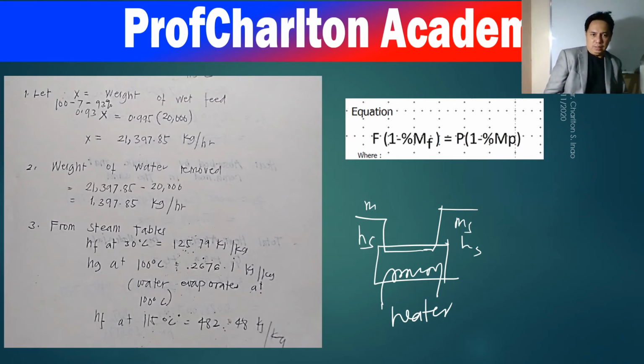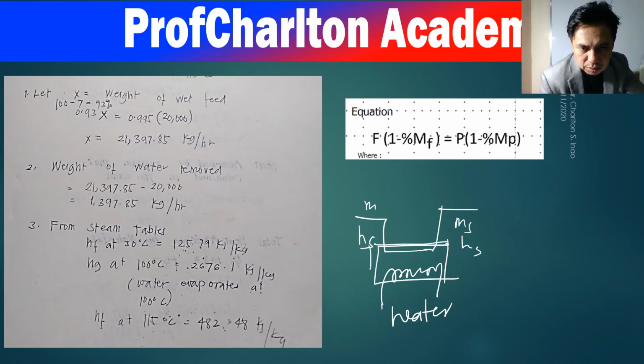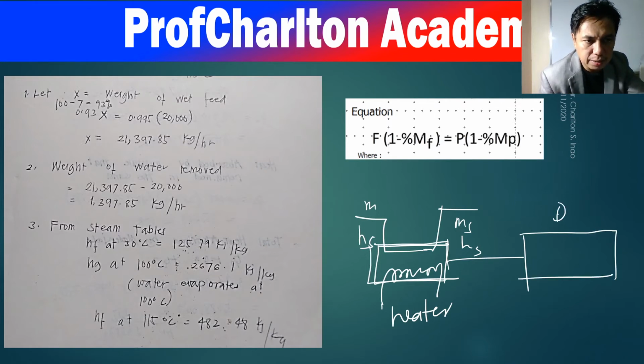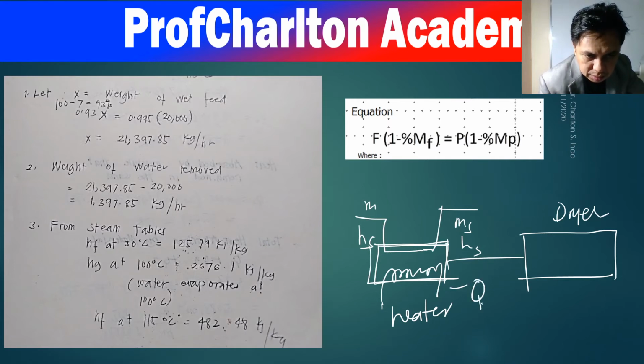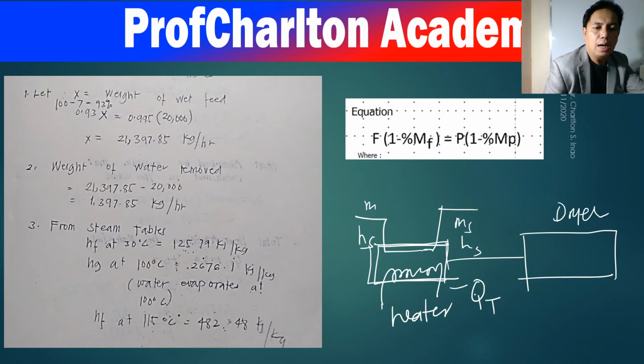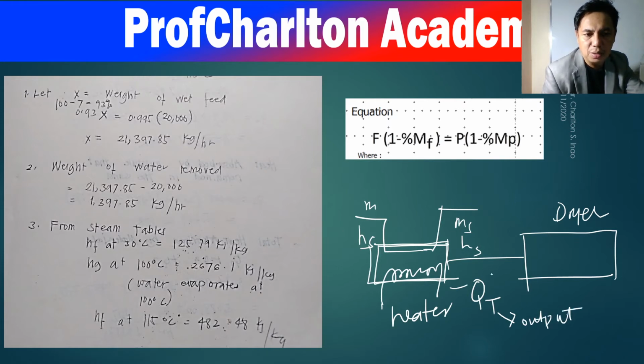There's a saturation point of vapor and saturation point of fluid, and we will discuss that. So what I'm after is this. In this block, this is the heater side, then it goes to the dryer side. So here, the heater is the Q total. Q total is the so-called output. So the heat output is the one to be used in the dryer.